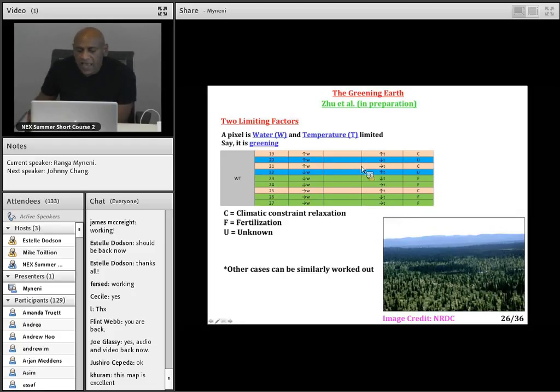On the other hand, if you find that precipitation has decreased and temperature has decreased, but we find that the pixel is greening, then we attribute that to the case of fertilization.